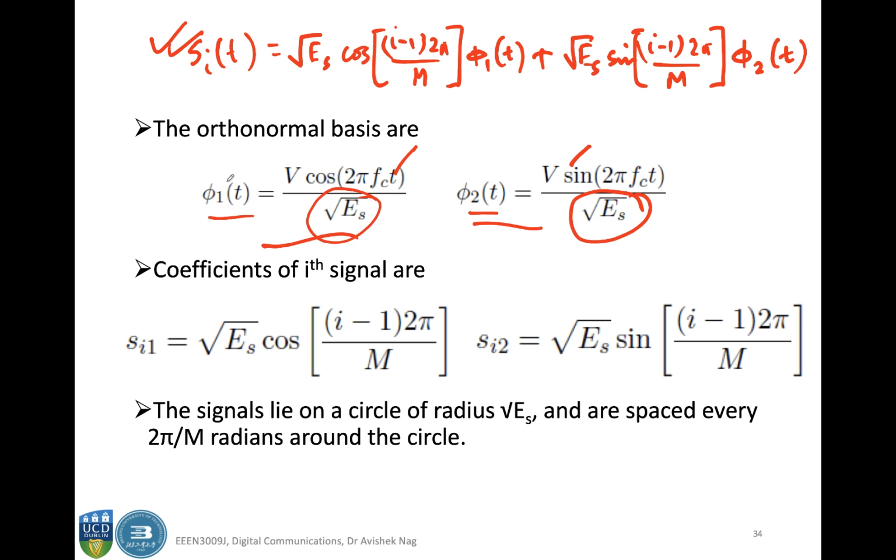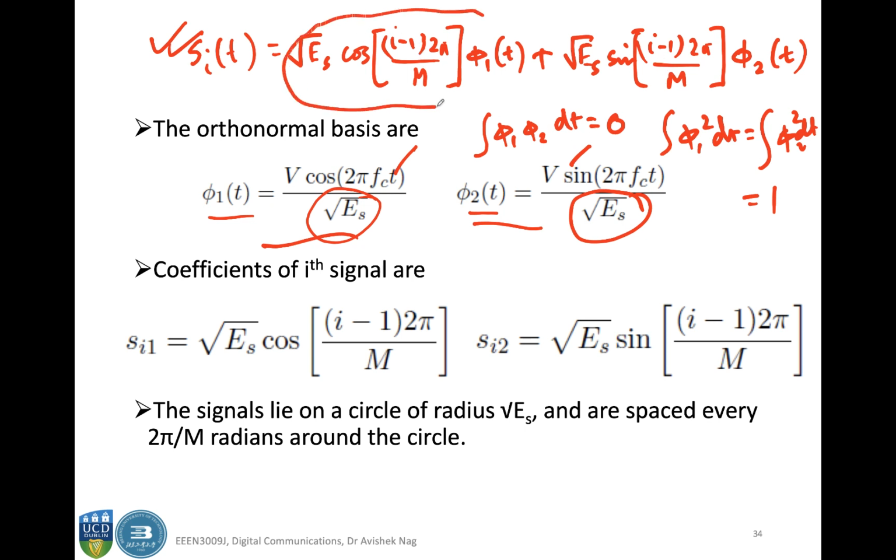So the same expression can be written like this if you define your orthonormal basis functions like this, and you can check that these two are indeed orthonormal. If you integrate the product of these two, it will be 0, and both of them will have unit energy. Essentially these parts are the coefficients of your ith signal.